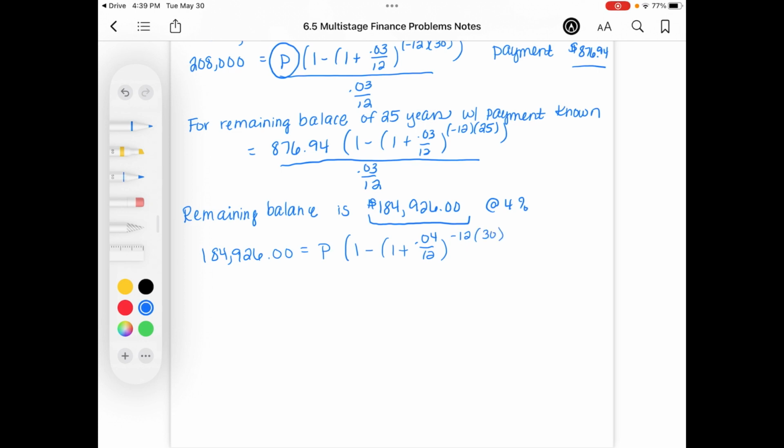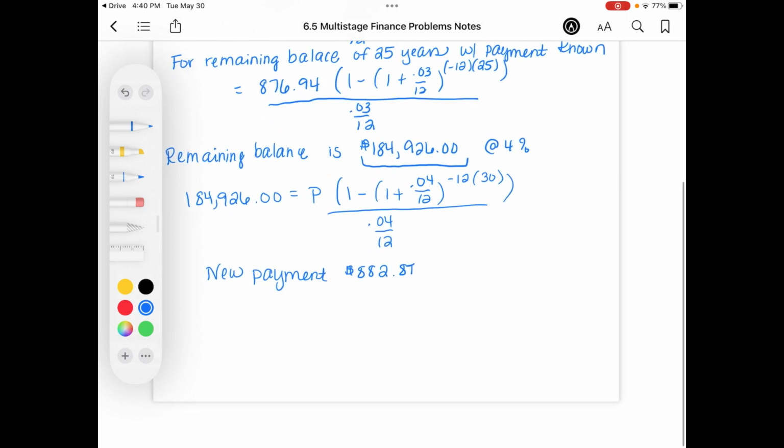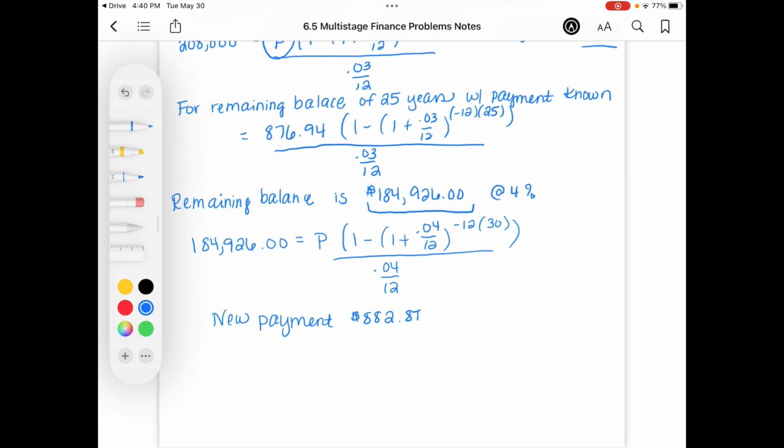Our loan is still refinanced for 30 years, all over 4% divided by 12 payments per year. Our new payment then is $882.87.